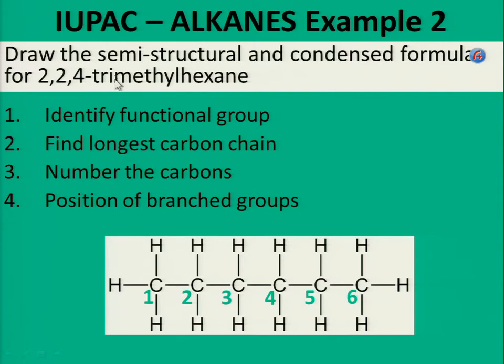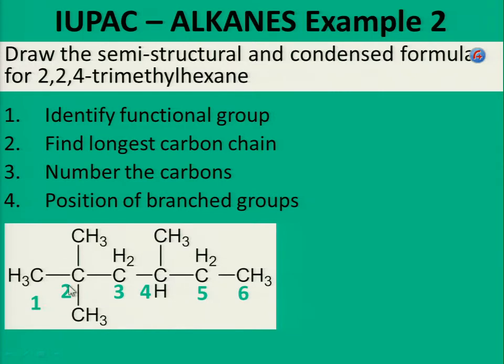You have a methyl group at carbon 2, 2, and 4. So, at carbon 2, there is a methyl group and another methyl group. At carbon 4, there is a methyl group. So, there's your structure. 1, 2, 3, 4, 5, 6 carbons, hexane, 2,2,4-trimethyl.